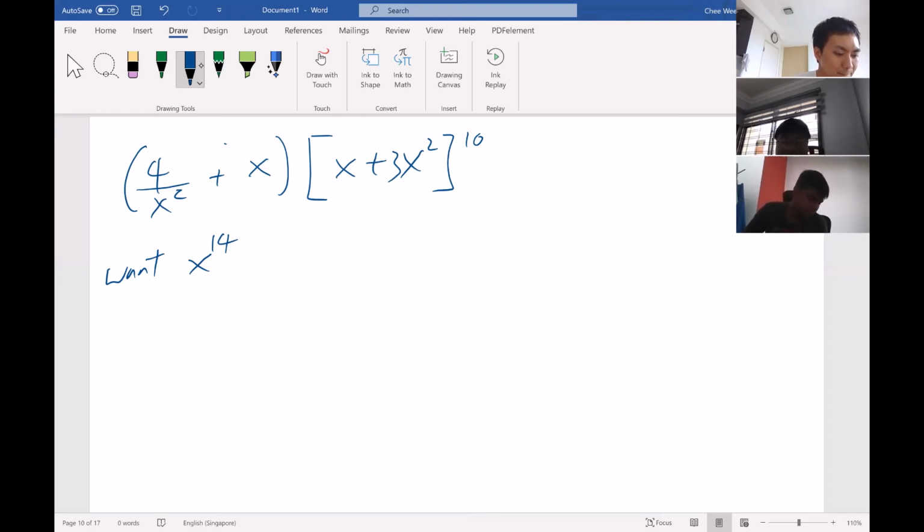Is it like we change the fraction to a whole number? Okay, how about you rewrite the thing first? x to the power of -2 plus x, and then they are the same thing.